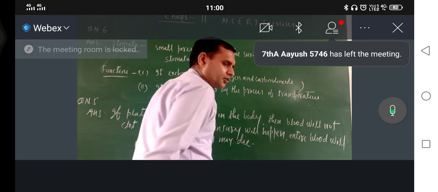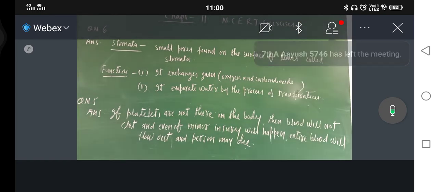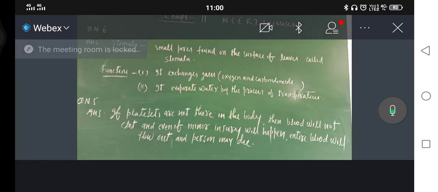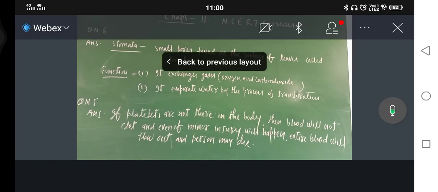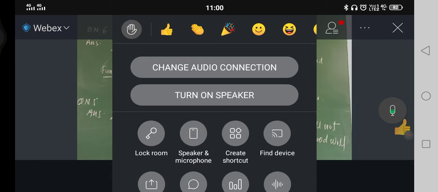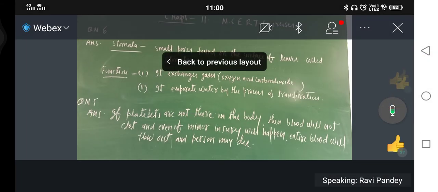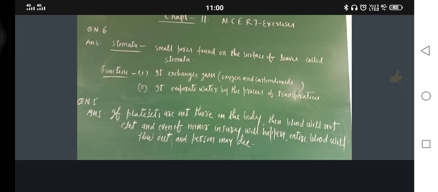Okay, these are the two functions of stomata. Am I audible? Okay, so now question number 6 is also over.